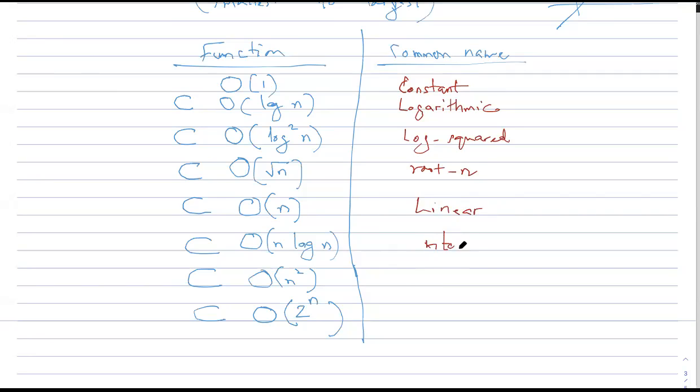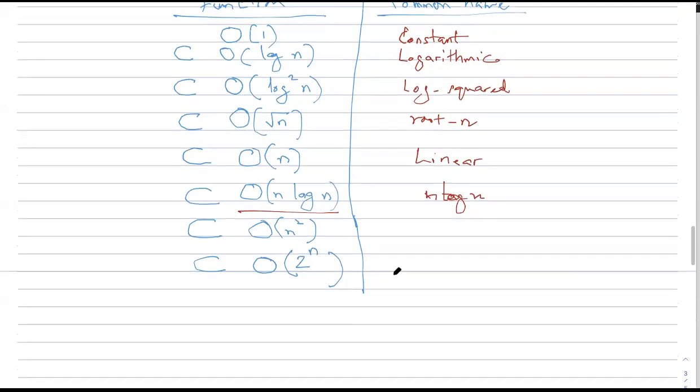This is a very commonly occurring function. In fact, if you are able to get to this, this is the kind of optimal. Beyond that, if you're going here, the algorithm is practically useless for large n. So this is quadratic complexity.